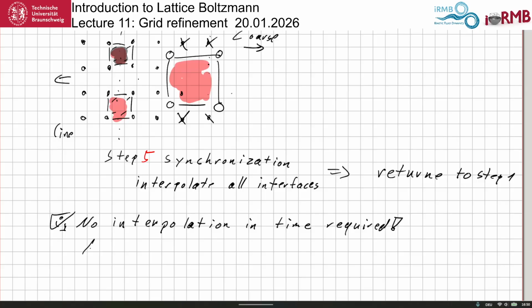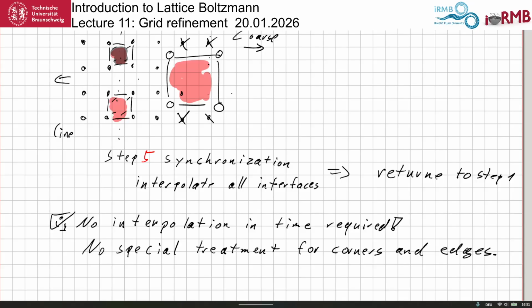So we have no special treatment for corners and edges.